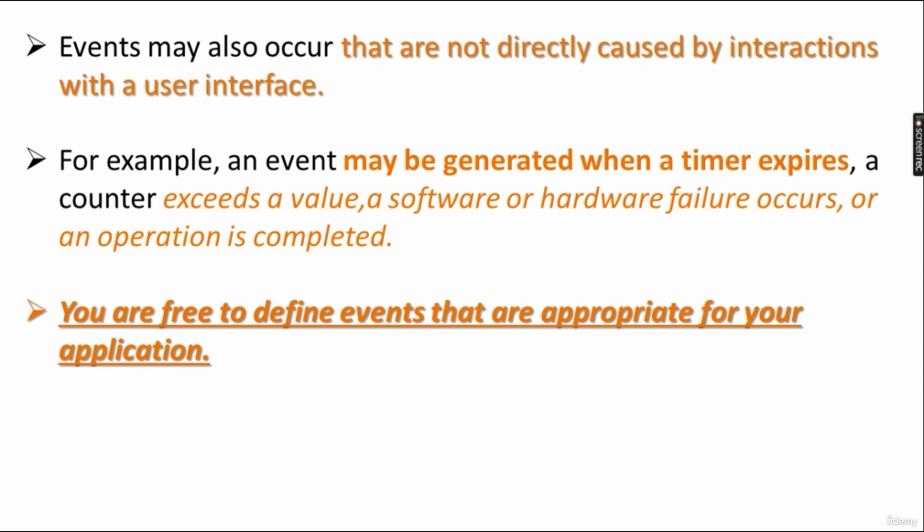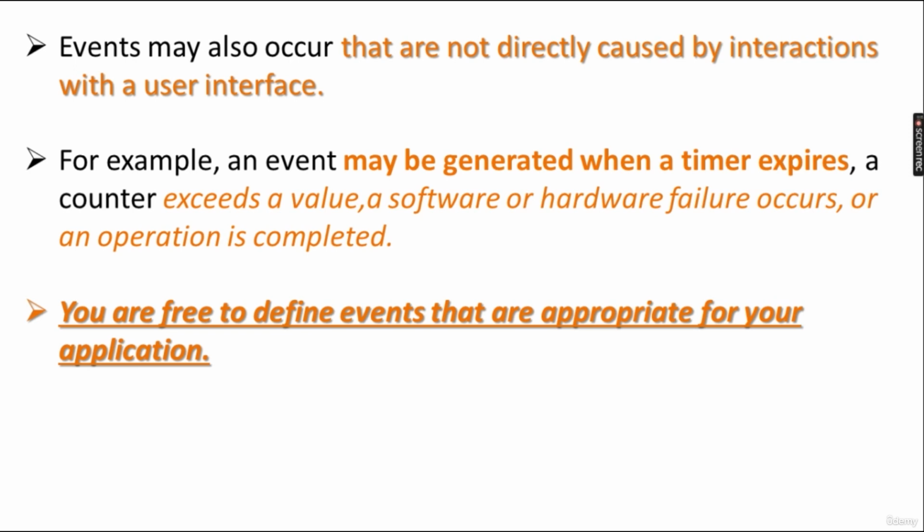Events may also occur that are not directly caused by interaction with the user interface. Like I have already explained in the last PPT, a graphical user interface may or may not be there all the time.